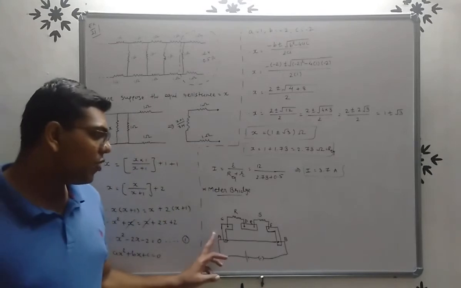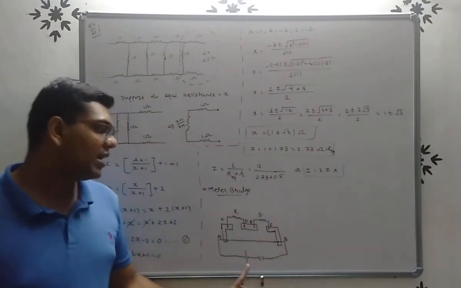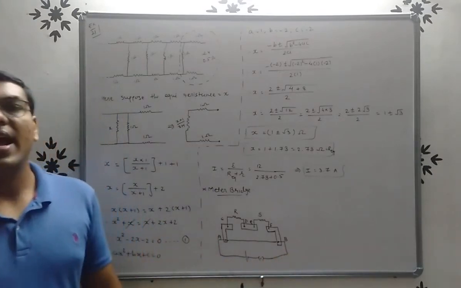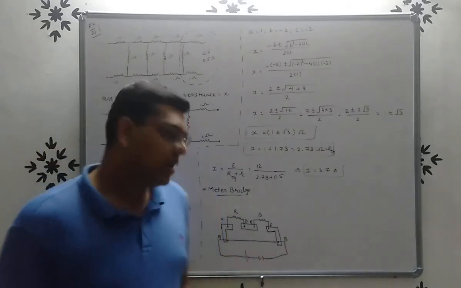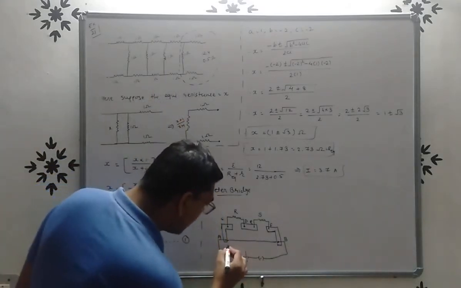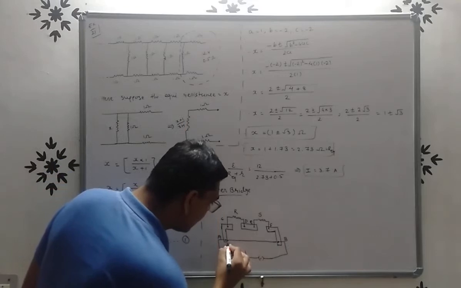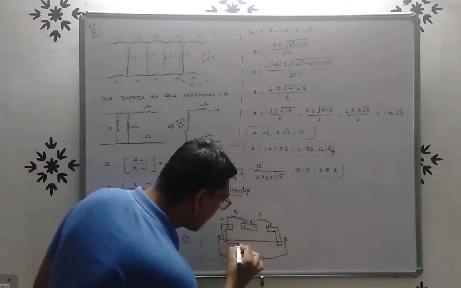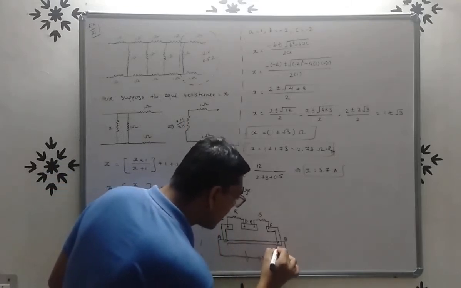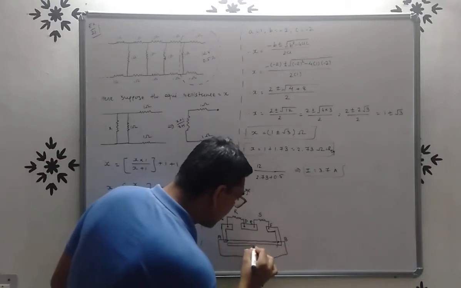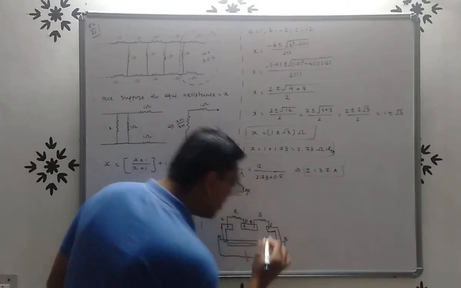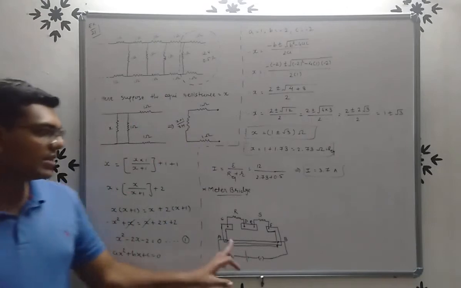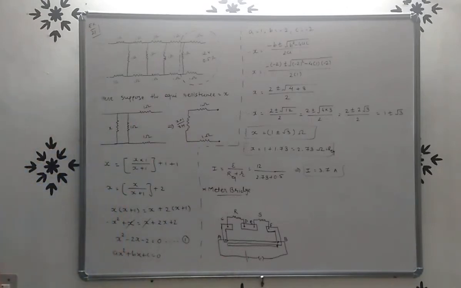So between point A and B we connect the battery and key like this, and here there is a scale like this, and this scale having a length 1 meter, or we can say 100 centimeter, right.